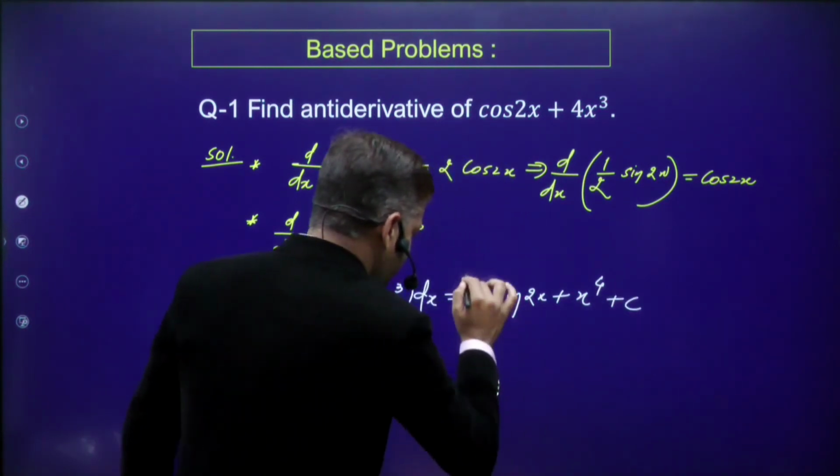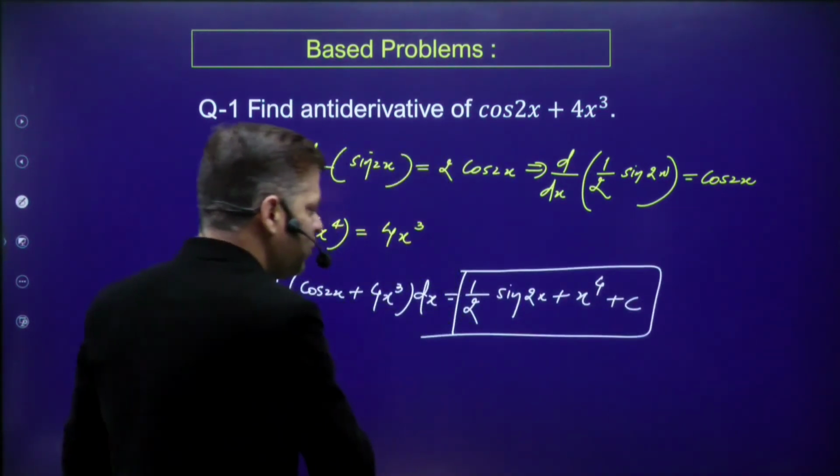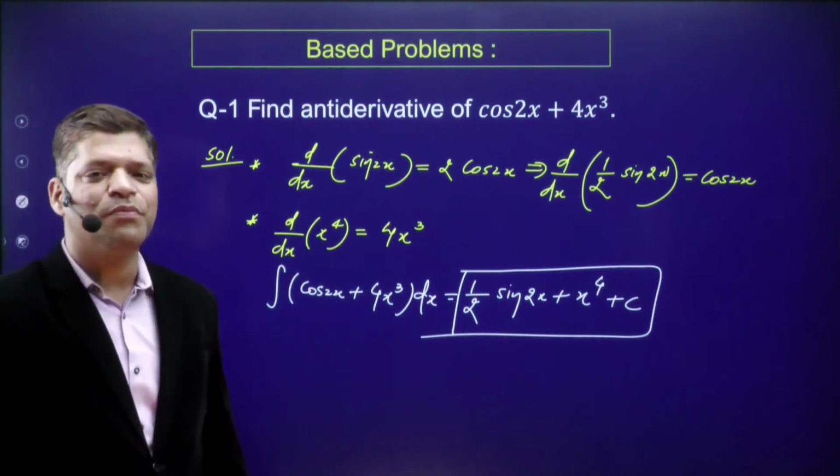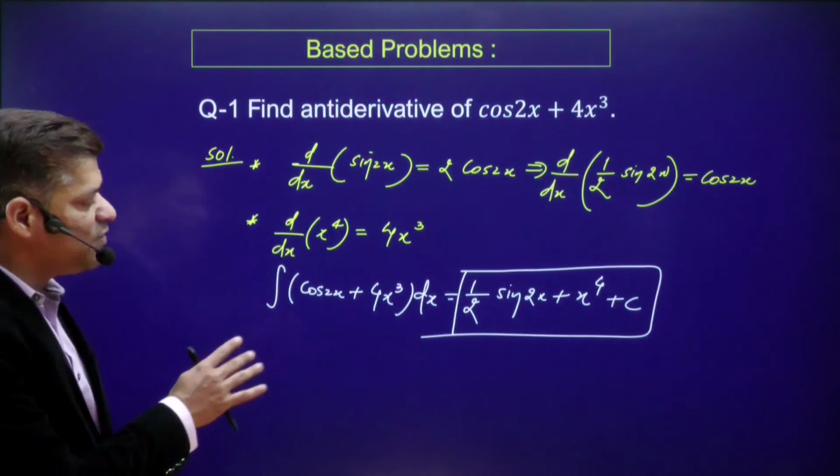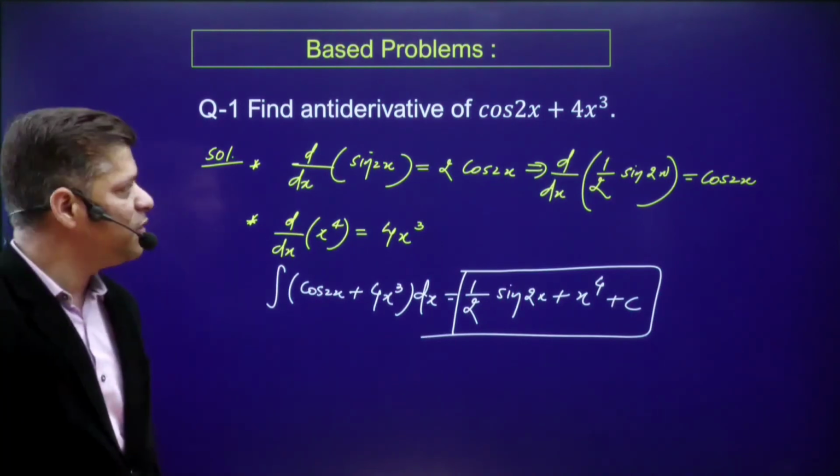So this is the antiderivative of cos 2x plus 4x cube. I think you easily understand by the standard definition of integrals.